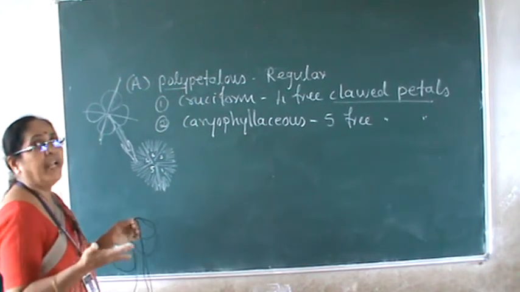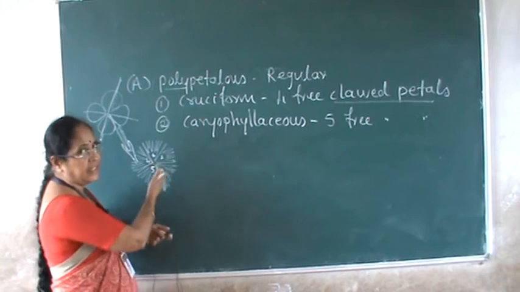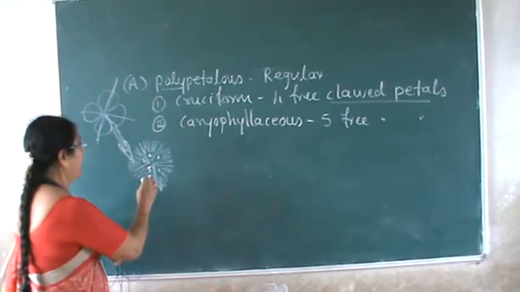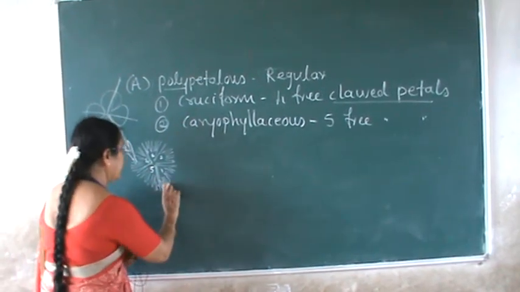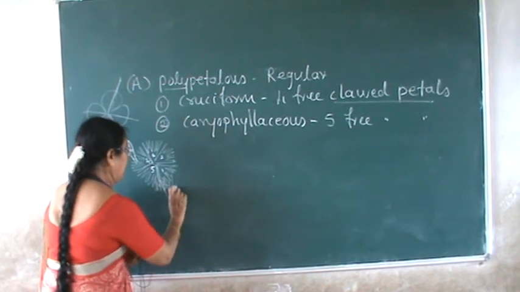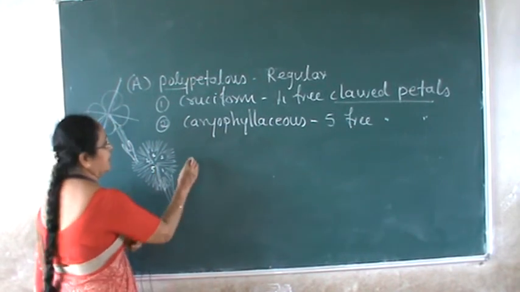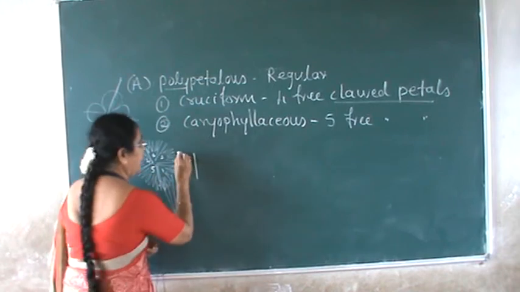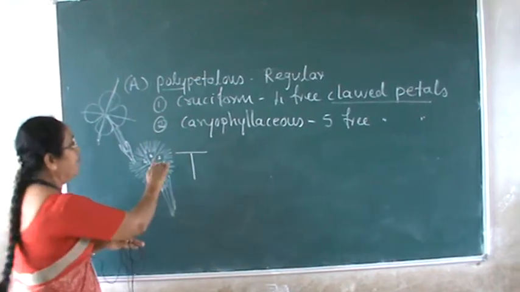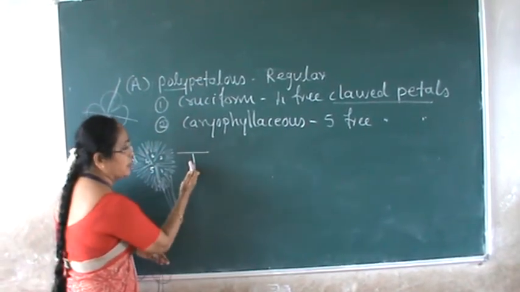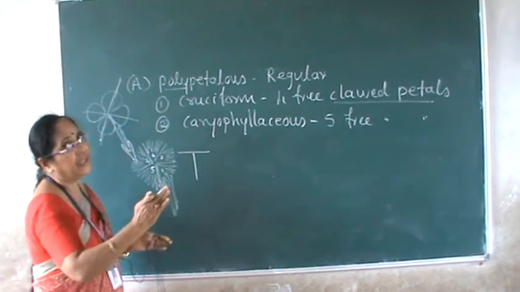There are 5 free clawed petals with margin dissected like this. I will give the name of the example. And the claws of all 5 petals are free. The exact position is, the claw is this and these are the limbs. The limbs of the corolla are at right angles to the claw. And remember the number of petals there.